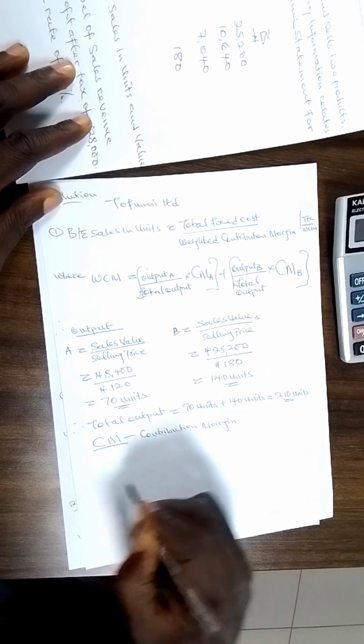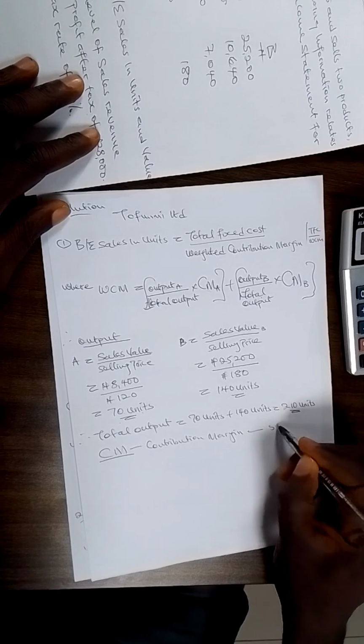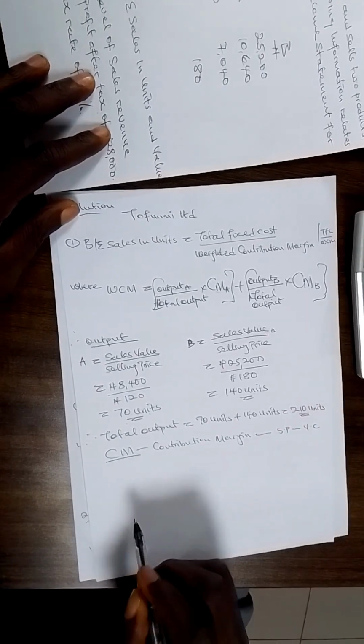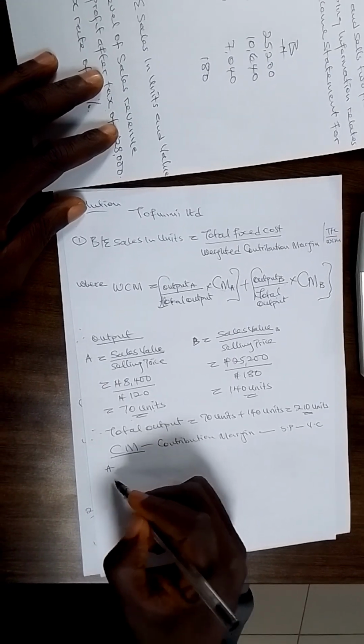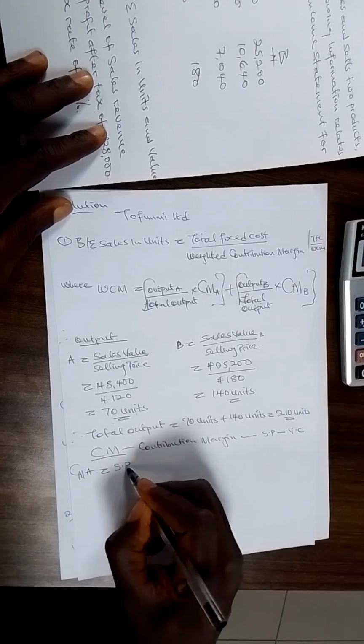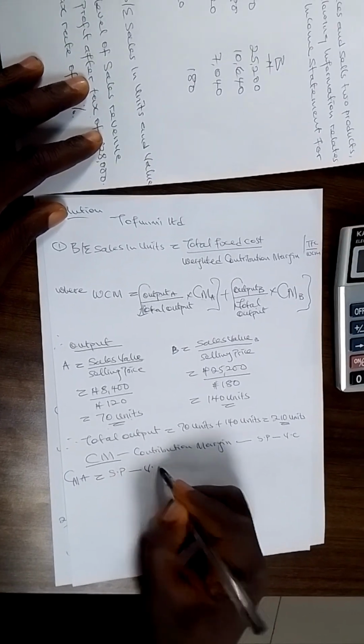The formula is selling price per unit minus variable cost per unit. So we compute the CM for A, which is selling price per unit minus variable cost per unit.